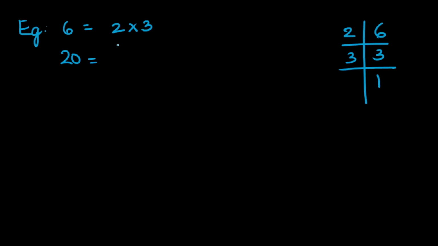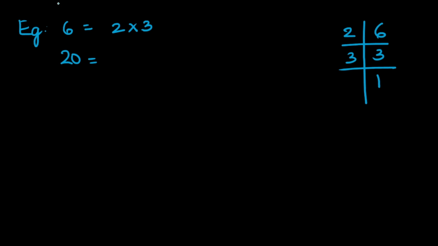Not only that, 6 has more than two factors, right? 6 is divisible by 1, 6 is divisible by 6, 6 is divisible by 2, it is divisible by 3. It has more than two factors, right? So 6 is a composite number, and expressing this in terms of prime numbers is called the fundamental theorem of arithmetic.